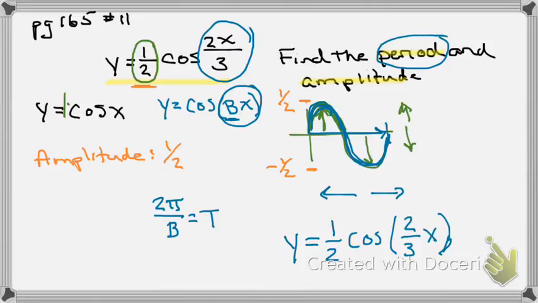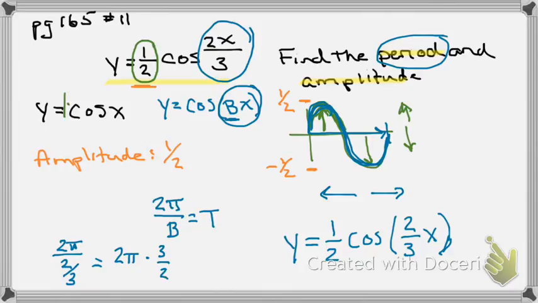And so if I do that calculation, I have 2 pi over 2/3. A lot of people don't like dividing by fractions, so you could multiply by the reciprocal, or flip that fraction and multiply.